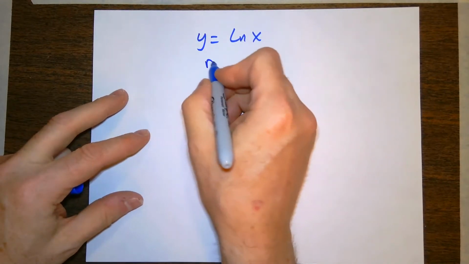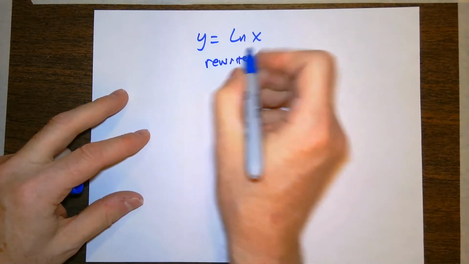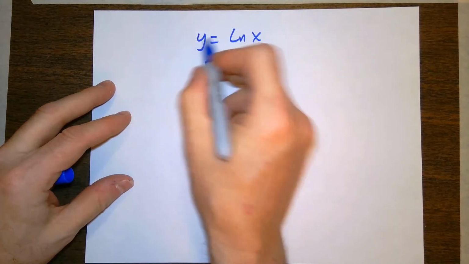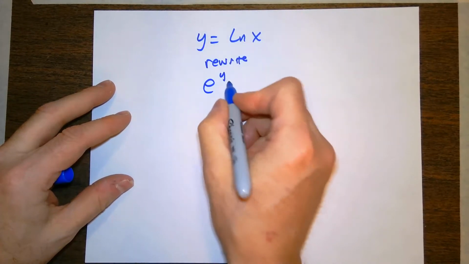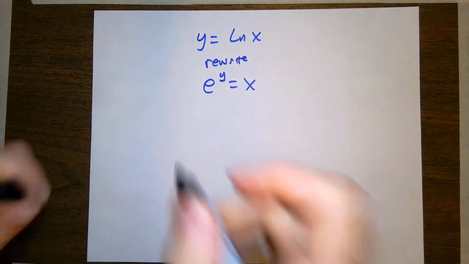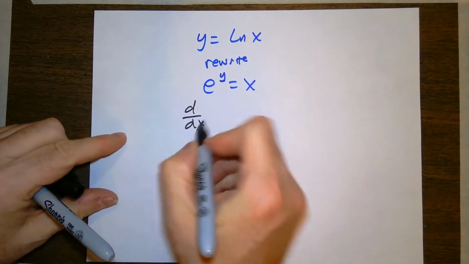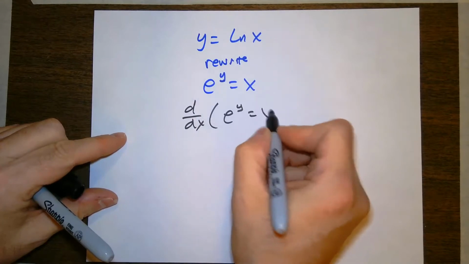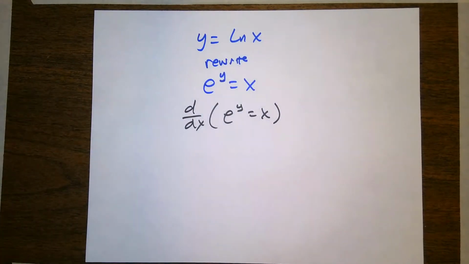Let's do the same trick, rewrite. Then I'm going to have e to the power of y equals x. Now I'm going to differentiate. Take the derivative of the equation, e to the y equals x.